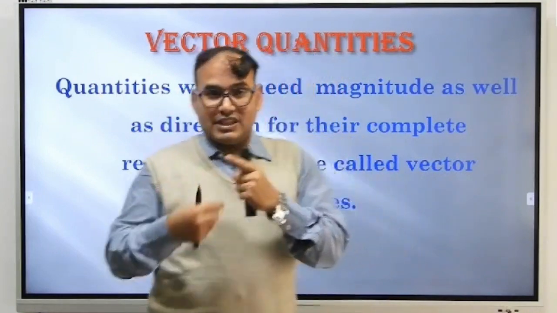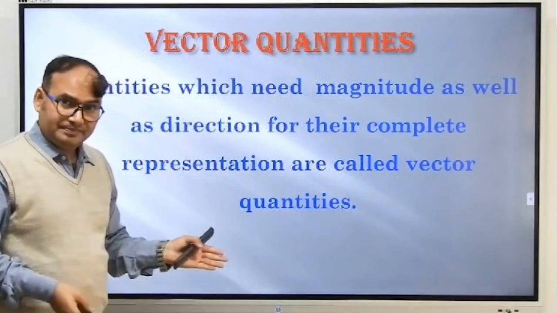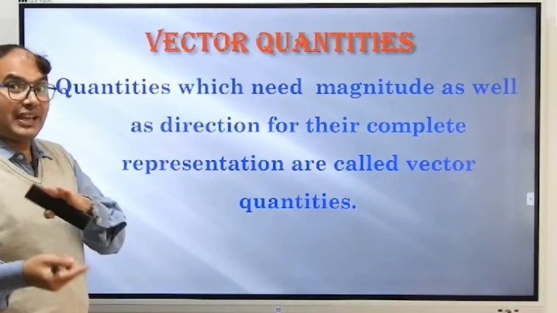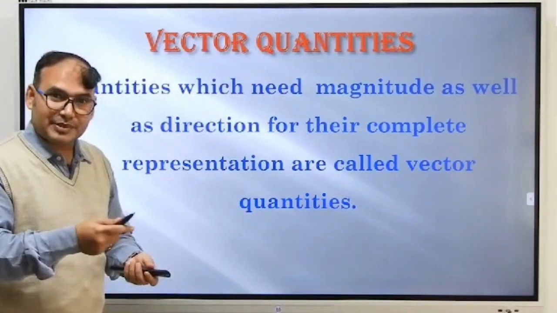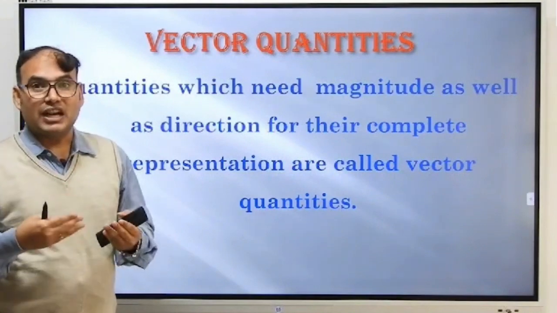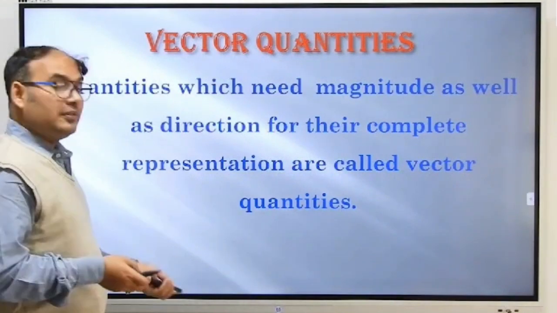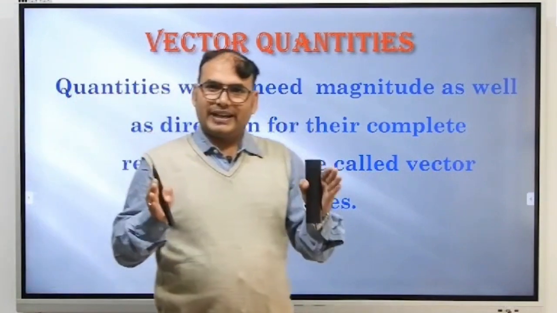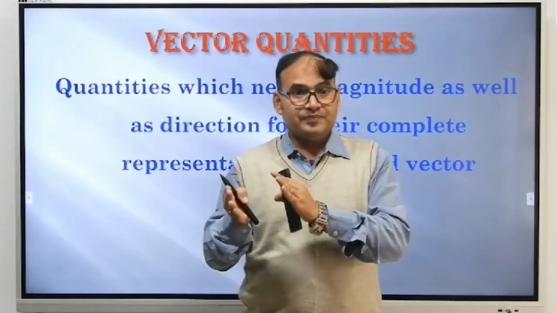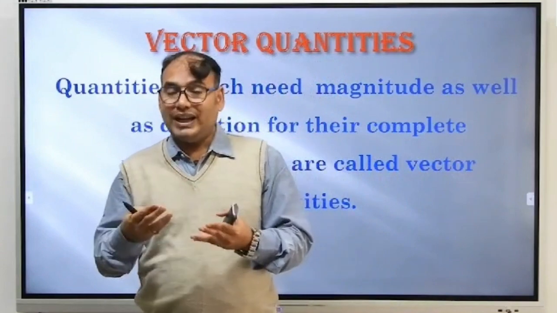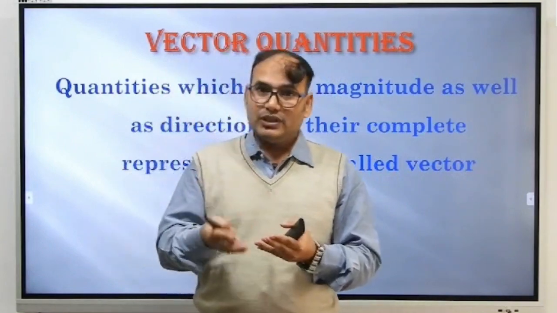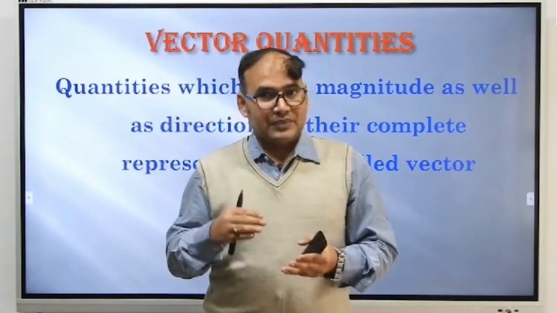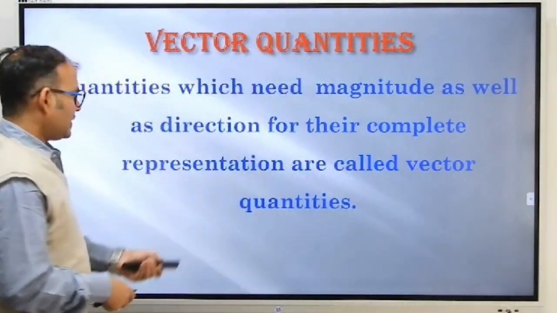So scalar quantities do not require any direction for their complete representation, while vector quantities require magnitude as well as direction. So I have told you the definitions.